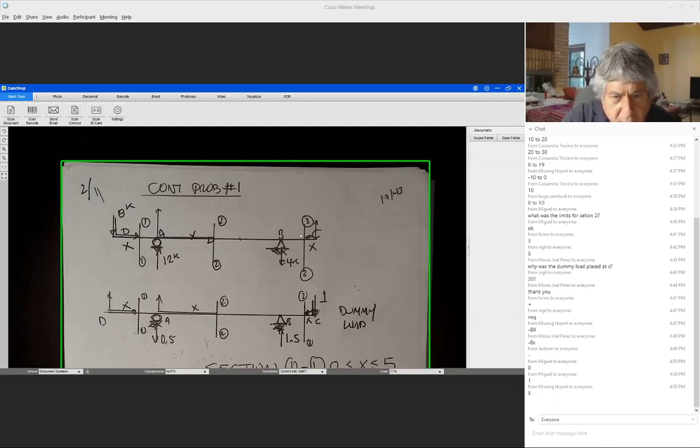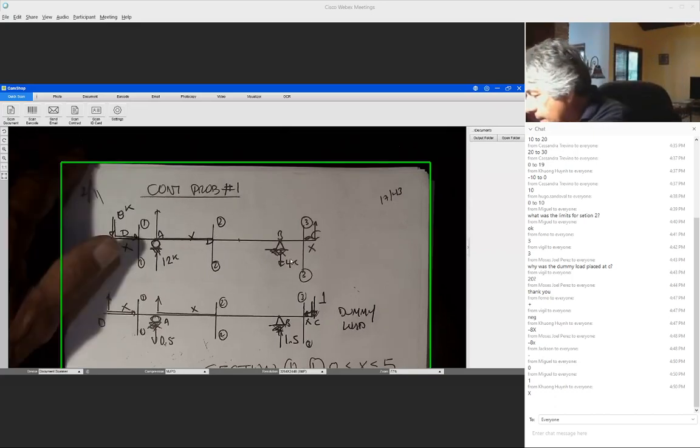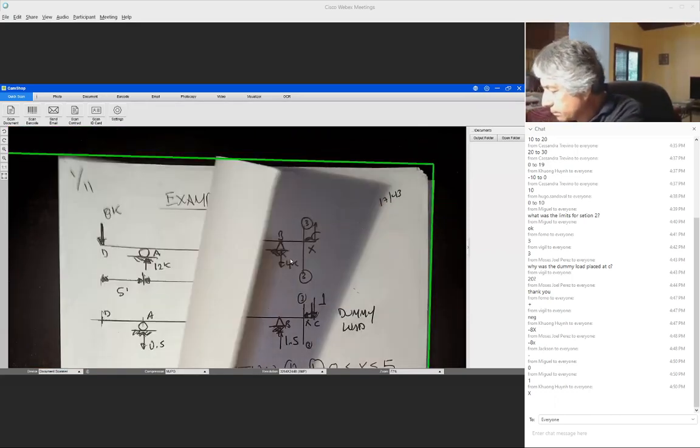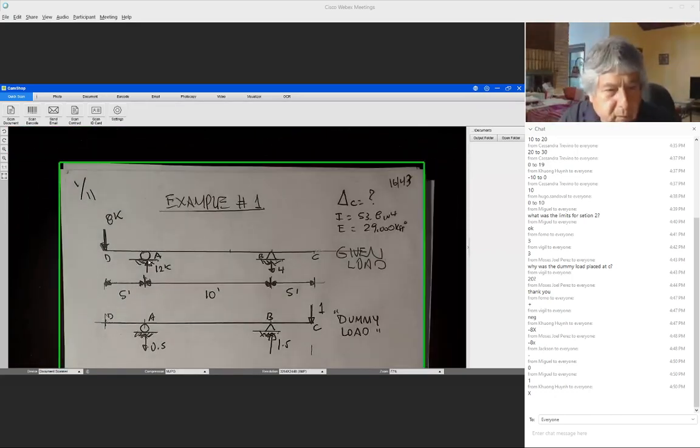This section is gone because 0 times X. So I only need section 2.2. Section 2.2 goes between 0 and this point, between A and B. So this is going to be good between 0 and 10.